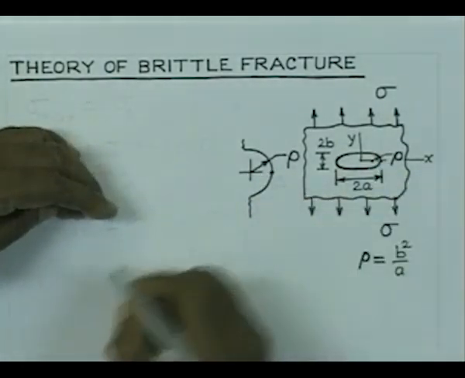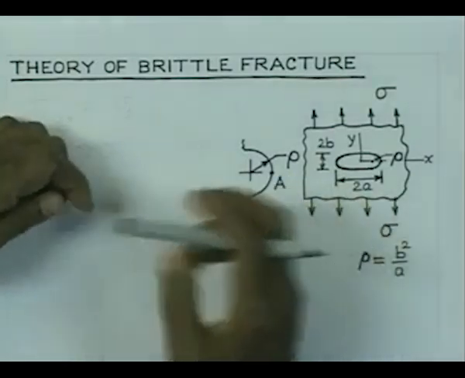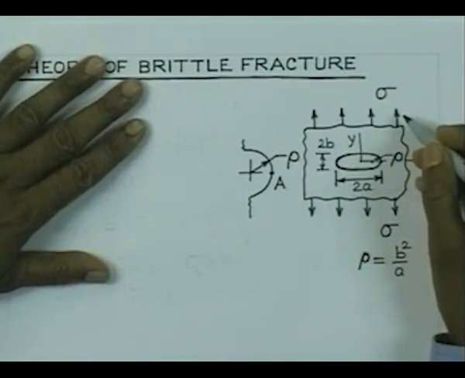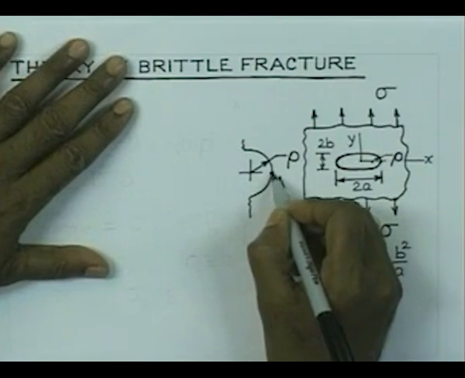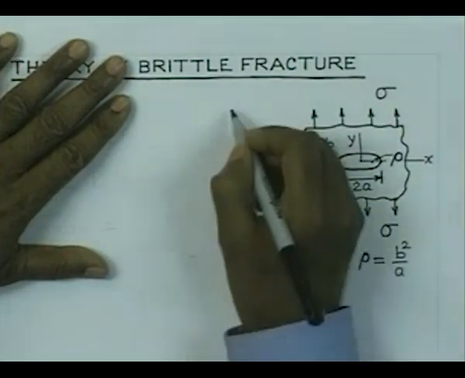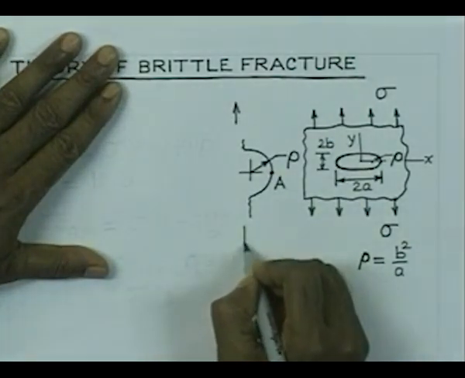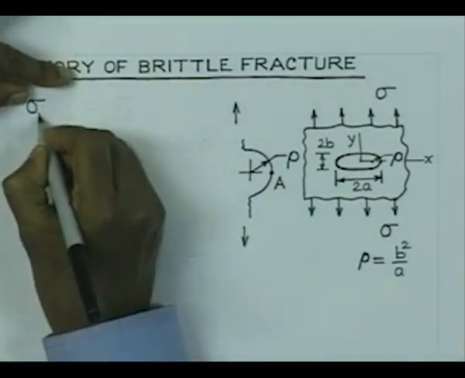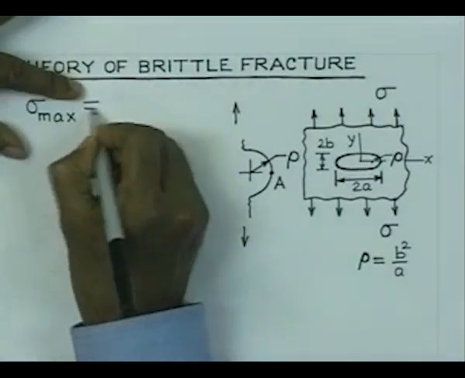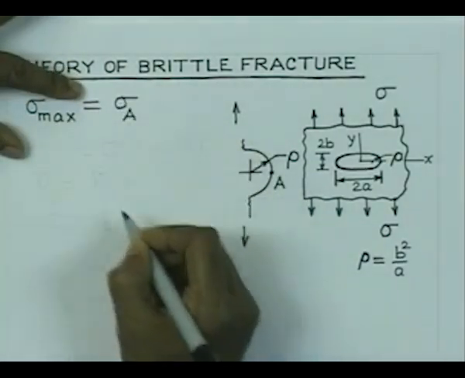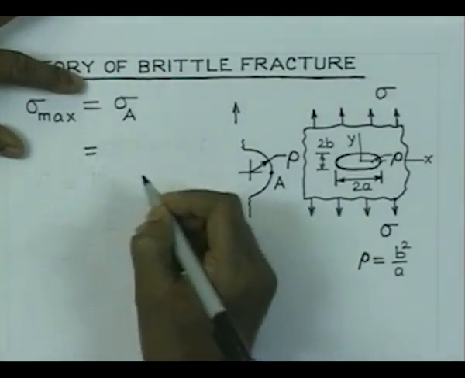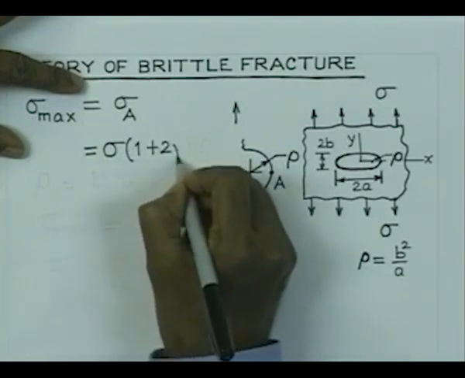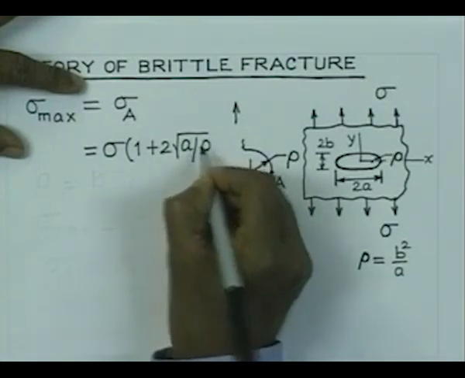So, this point let us indicate by A. When the component with this sort of cutout is subjected to loading sigma, it is well known that there will be stress concentration at the point A. So, if this sigma is the external stress, then maximum stress is going to occur at the point A, and therefore this sigma maximum is equal to sigma A, and it has been calculated by Inglis, and the value is given by sigma into 1 plus 2 square root a by rho.